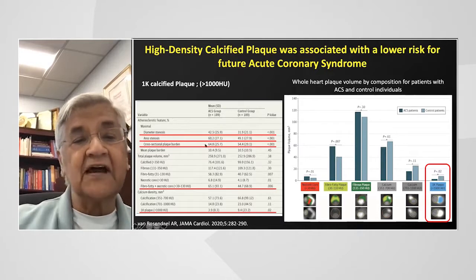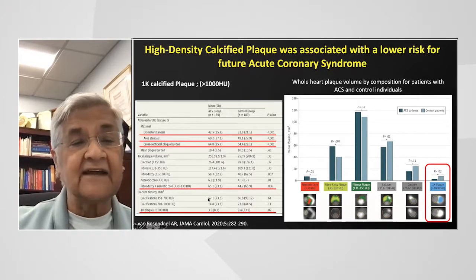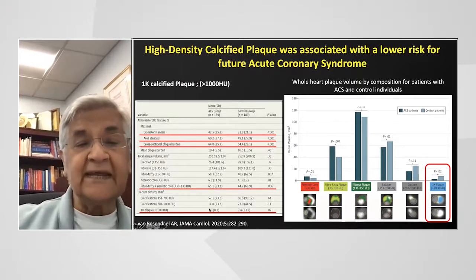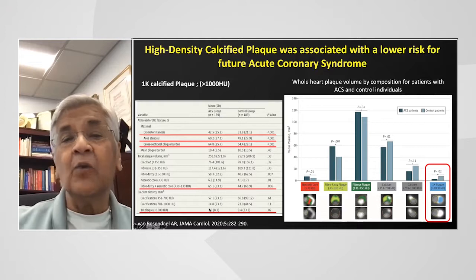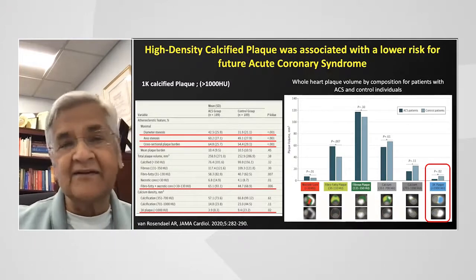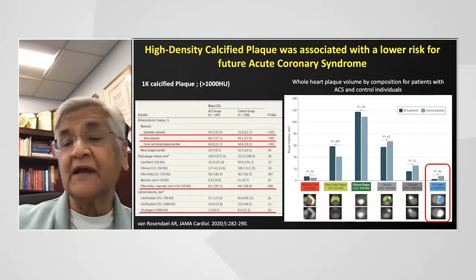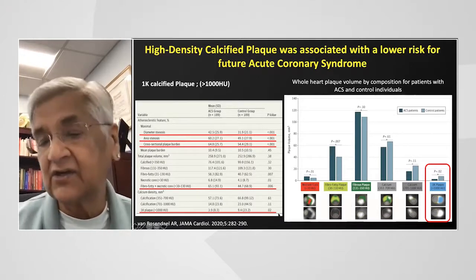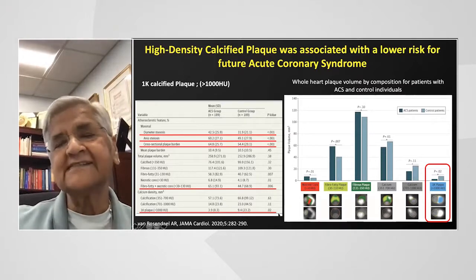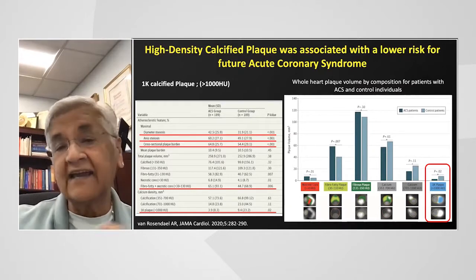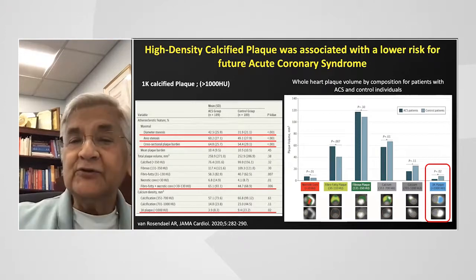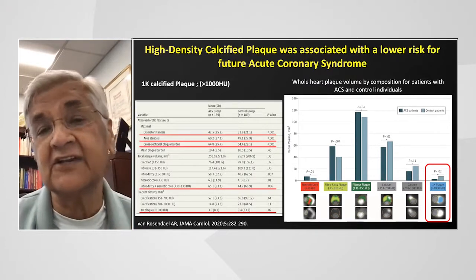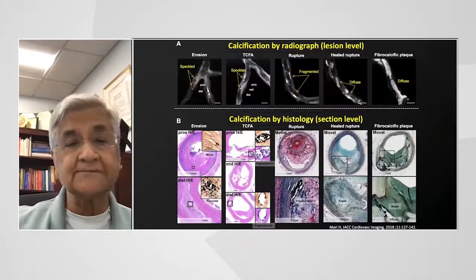Area stenosis was higher, cross-sectional plaque burden was higher, fibrofatty necrotic core was higher, but the 1K plaque was lower. That means 1,000 Hounsfield unit plaque, those who had that high calcium score actually had less acute coronary events. So it's suggesting that acute coronary syndrome does not occur in those individuals with the highest calcium scores.